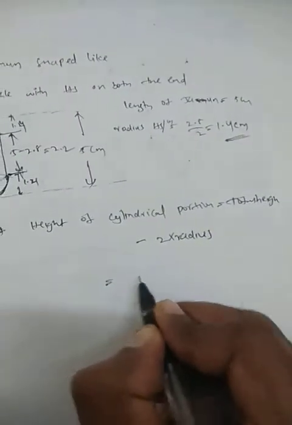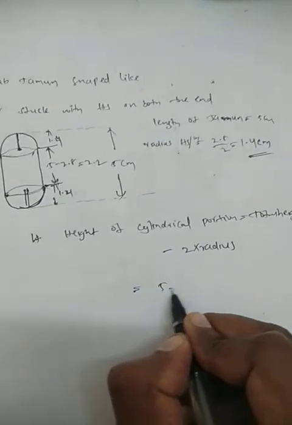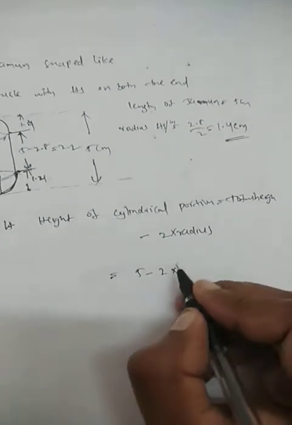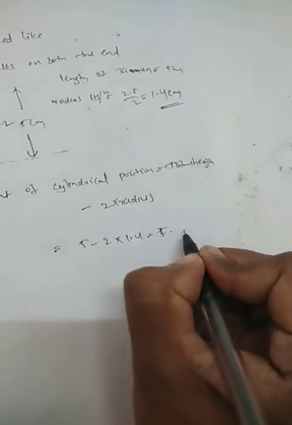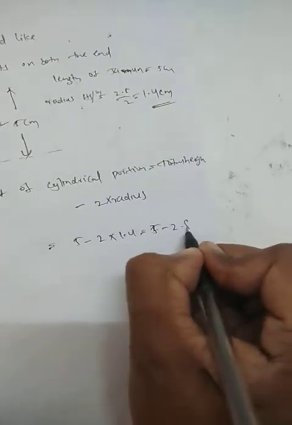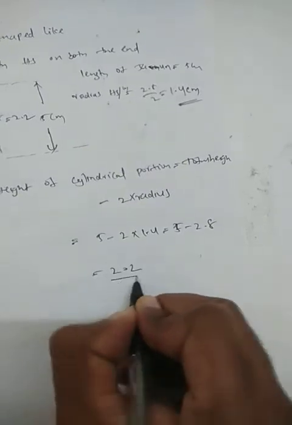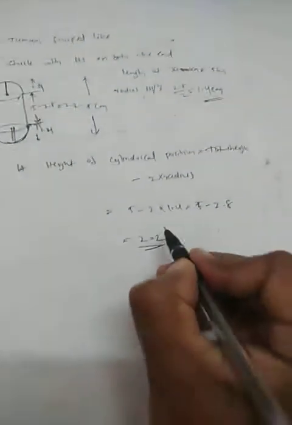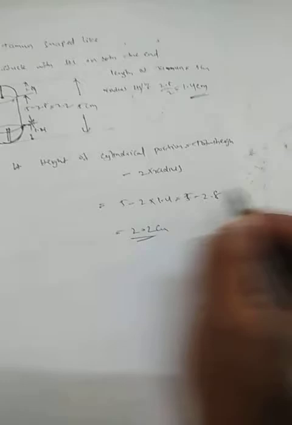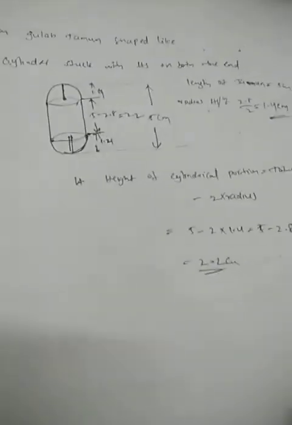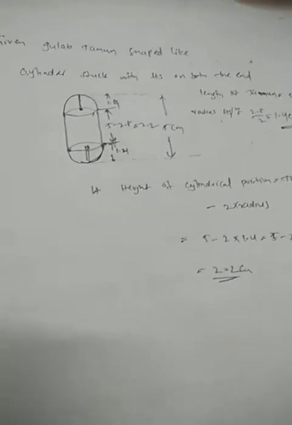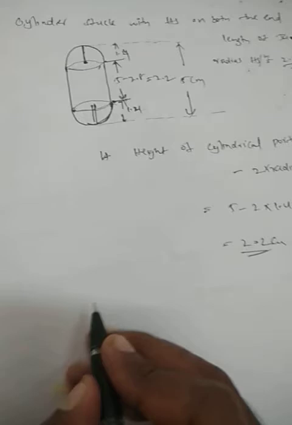So the height of the cylinder is 5 minus 2 into 1.4, which is 5 minus 2.8, that is 2.2. Everything is in centimeters. Now we have all the heights, and the radius we also know.